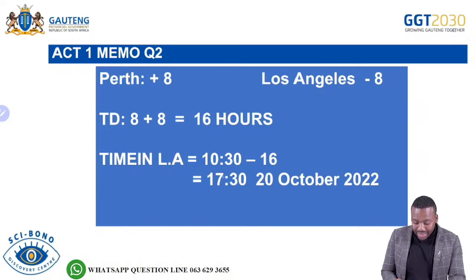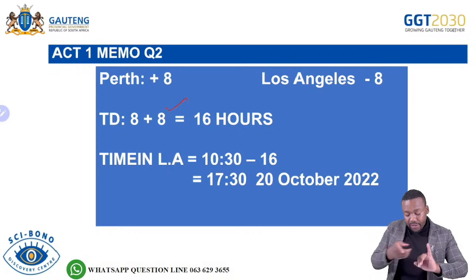So it is 17 hours 30, not 16, right? Here are our time zones. Los Angeles there, Perth there, time difference 8 plus 8. Then here we were correct. Then 10 hours 30 minus 16.